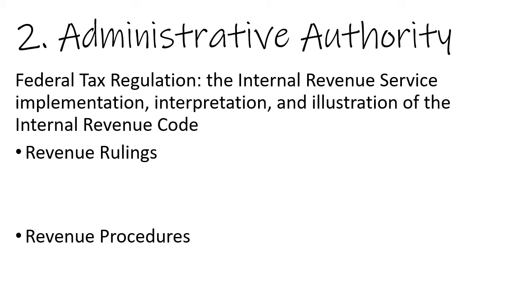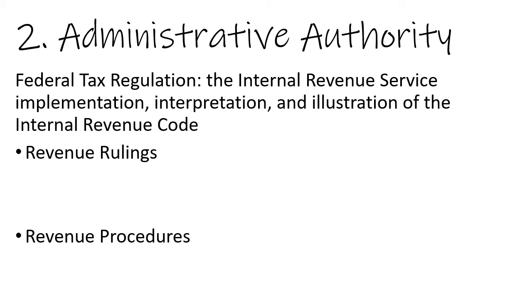The second highest tax authority is federal tax regulation, which is generated by the Internal Revenue Service. This document provides the interpretation, the implementation guidance, and the illustrations of how the Internal Revenue Code is to be implemented. Now, occasionally, the IRS gets called upon to defend their stance on their interpretation.